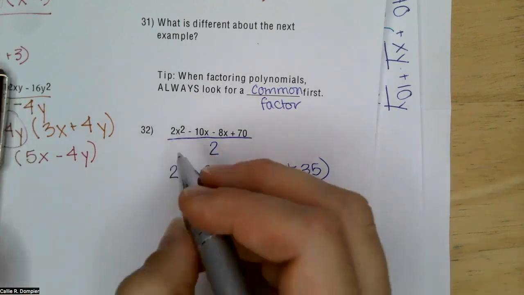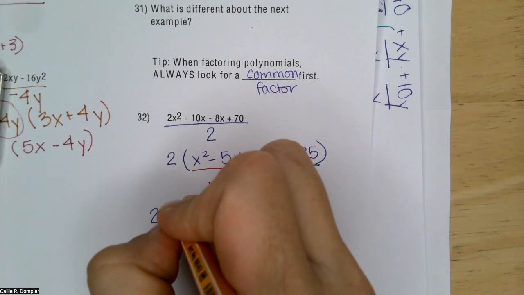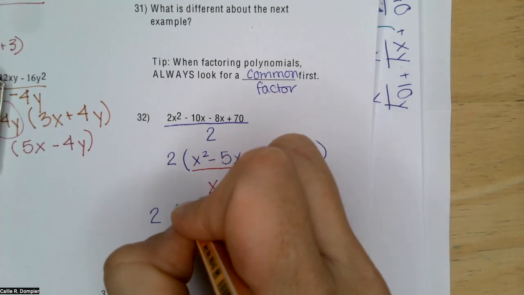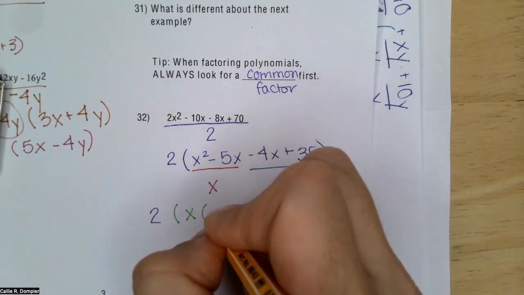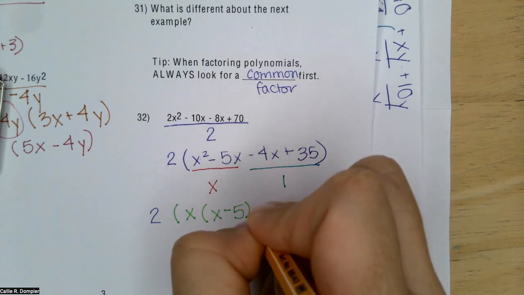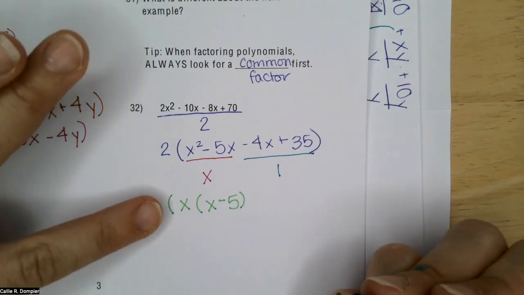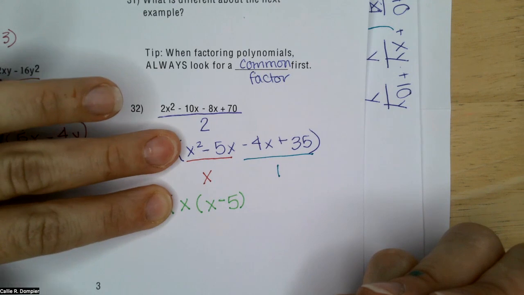So keep that 2 on the outside. x squared divided by x is x. Negative 5x divided by x is negative 5. Good. That looks the same as what we've been doing, right?